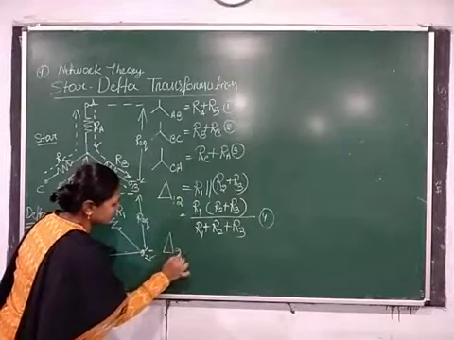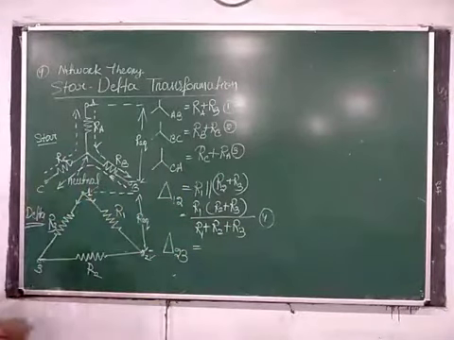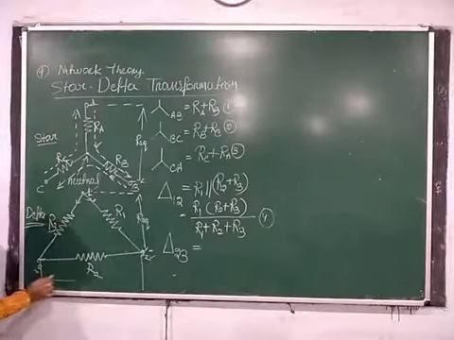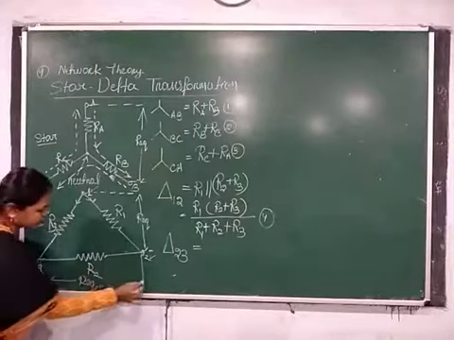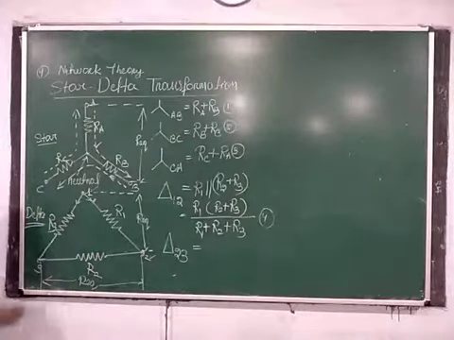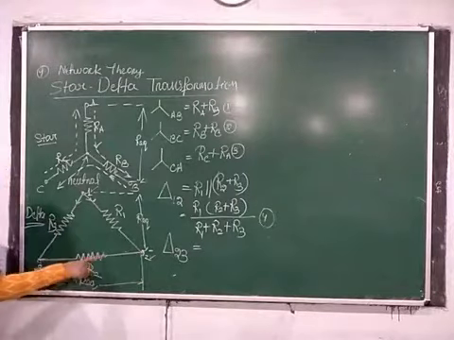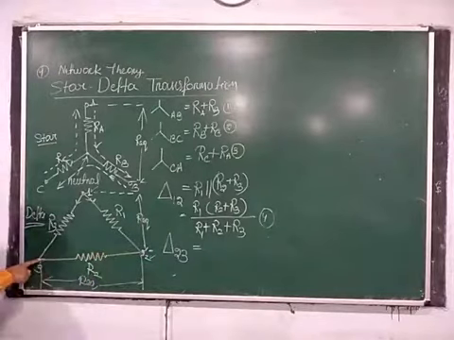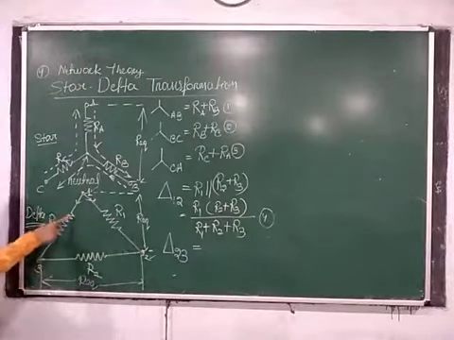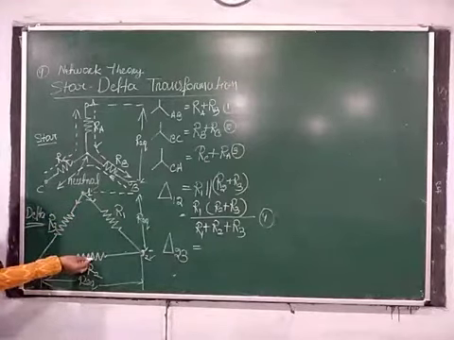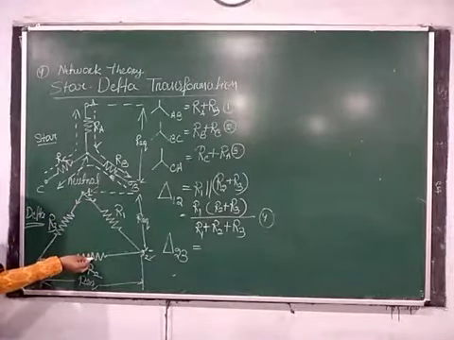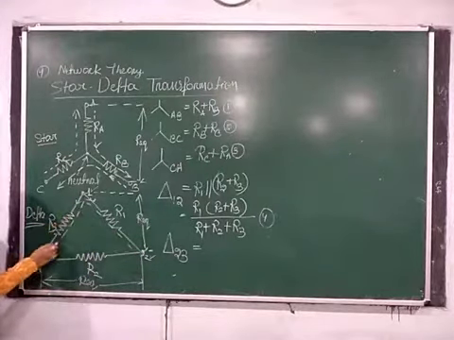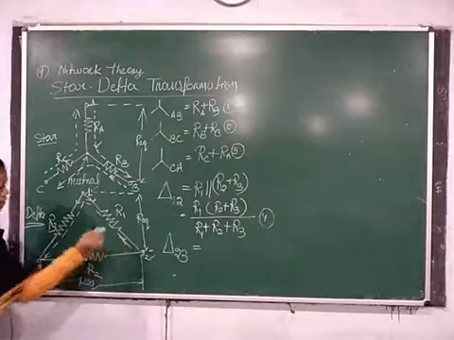Similarly, you find the equivalent resistance between the 2 and 3 terminals. When you do, you see that this branch is in parallel with the series combination of the other two branches.